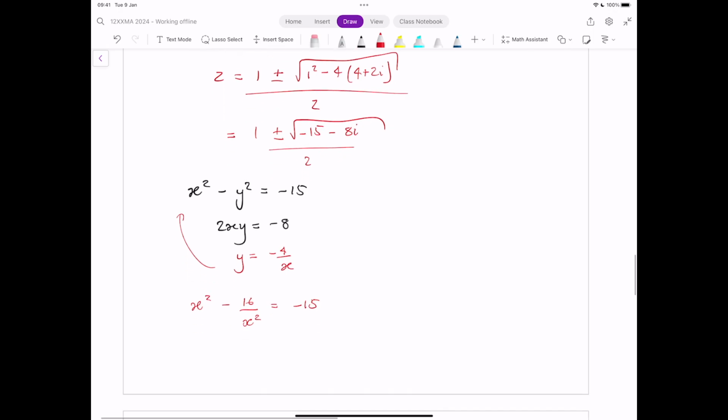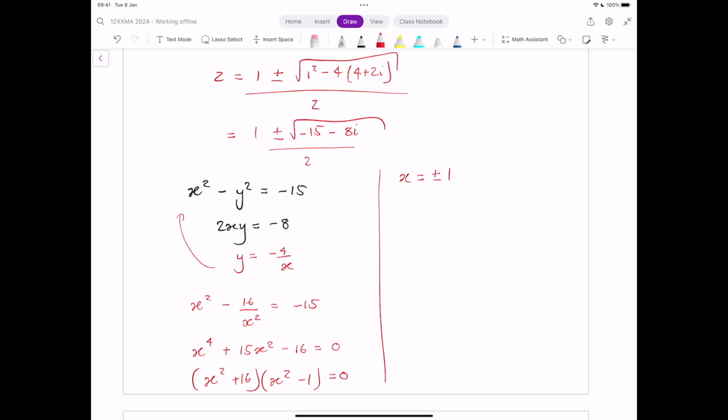Timesing everything by x squared, we get x to the power of 4 plus 15x squared minus 16 equals 0. Okay, we can have a go at factorising that. We're going to have x squared plus 16, x squared minus 1 equals 0, which would make x equal to plus or minus 1.